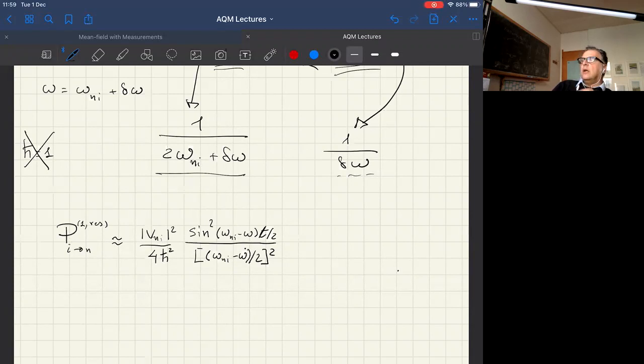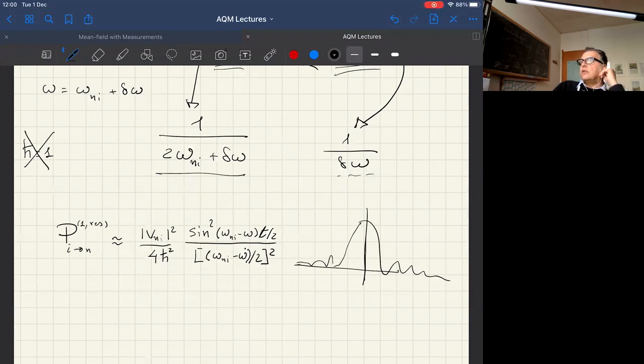So one should determine when this expression is valid or not. If you consider finite time, then you see that this sine squared divided by omega squared is a function of the frequency difference, something like this.